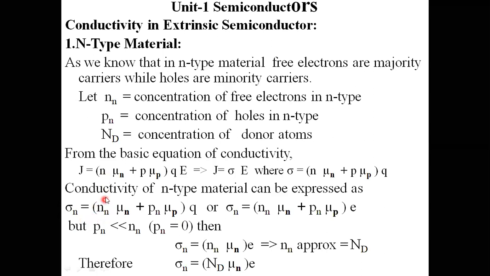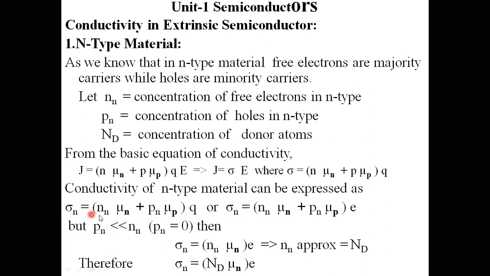That means the concentration of electrons in n-type semiconductor material, so I am writing this n as n suffix n, and mu n plus the concentration of holes in n-type semiconductor material, Pn: nn mu n plus Pn mu p, into q.